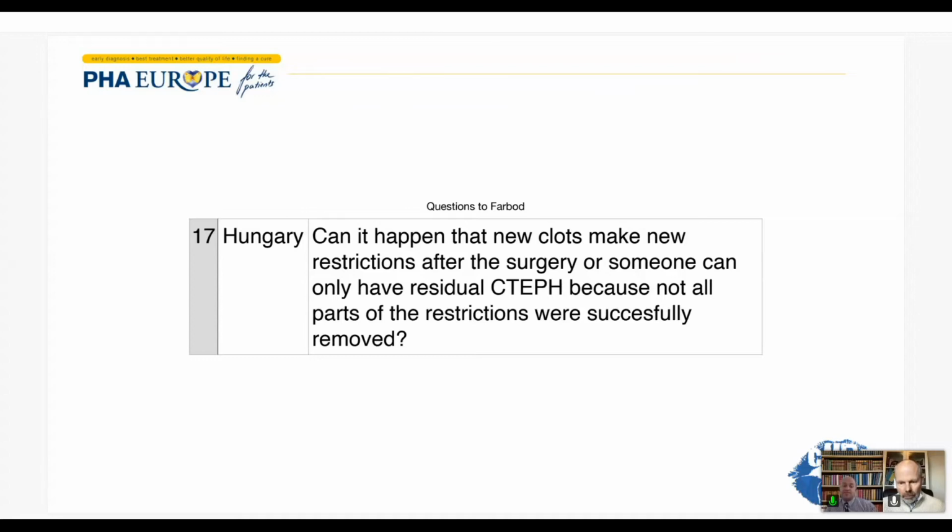So at some point, someone decided it's better for them to be off blood thinners and take the risk of developing CTEPH again, and they did. While it's possible that you could form clots despite being on blood thinners, and it definitely happens, for the most part we believe that most recurrence of CTEPH after successful treatment has to do with not being sufficiently anticoagulated.